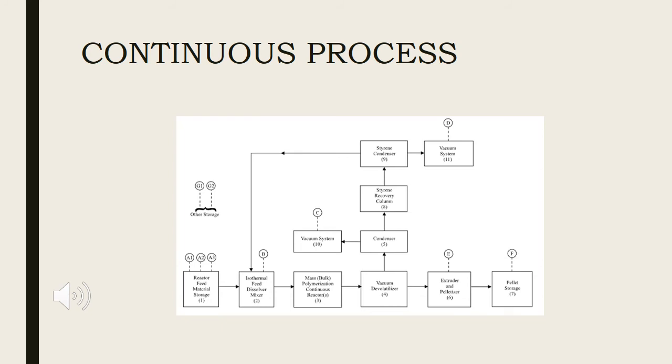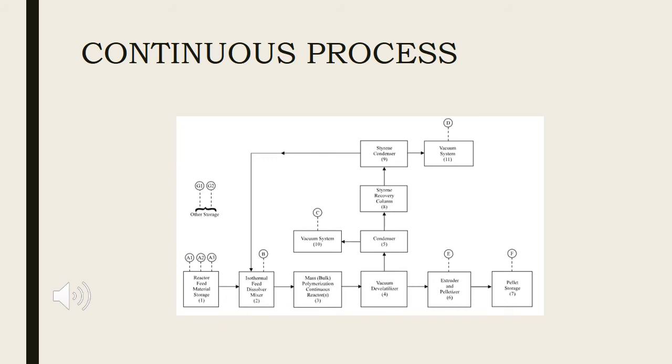A typical plant may contain more than one process line producing either the same or different grades of polymer. A typical bulk continuous process is represented in the figure on the slide.